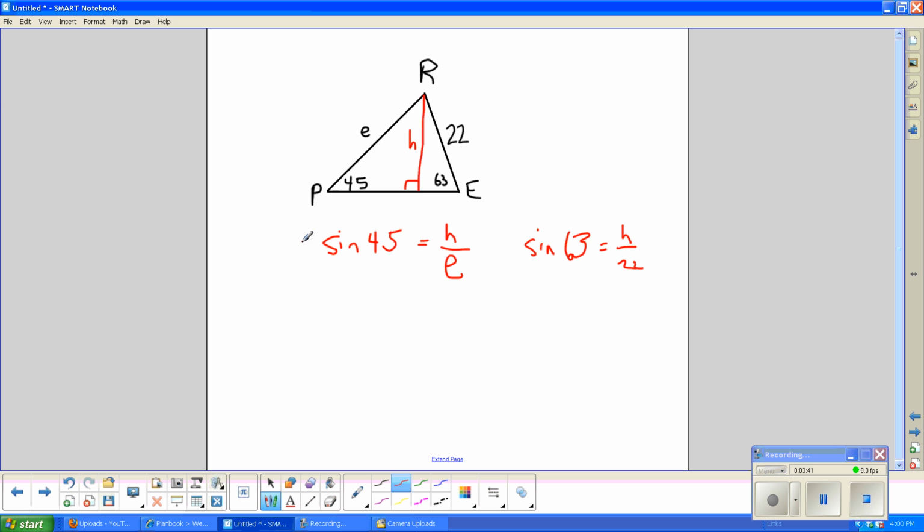Again, solving for h, I can put the e with the sine 45, and I can put the 22 with the sine 63, and I can set those two equal, and say e sine 45 equals 22 sine 63.